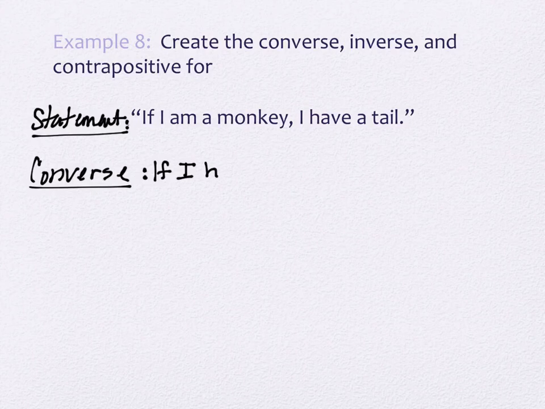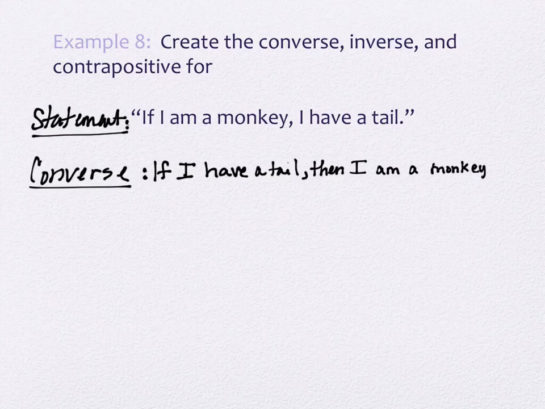If I have a tail, then I am a monkey. And clearly, that's why he thought the cow was a monkey, right? He saw a tail. So that's the converse. The cow actually works in that statement, and there's a problem with that logic, right?